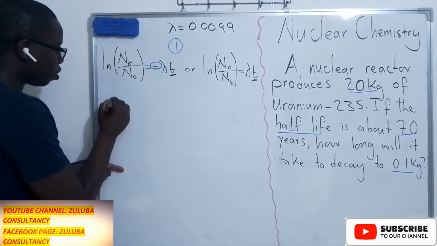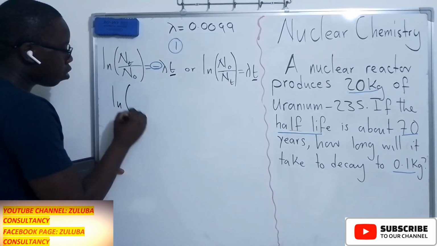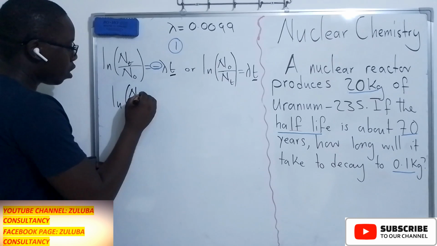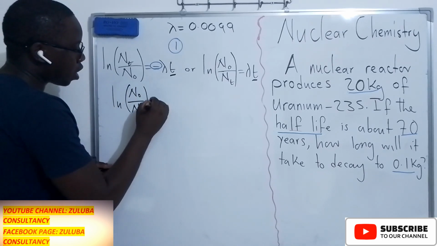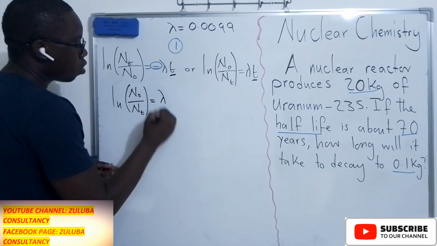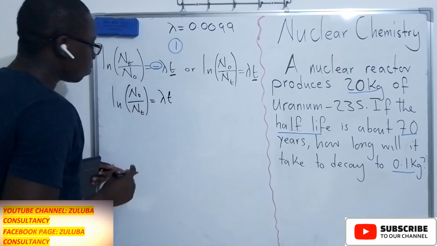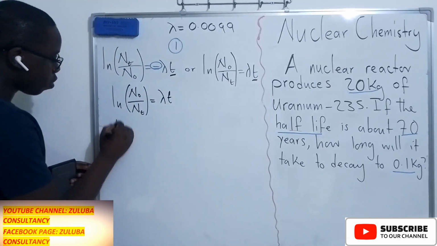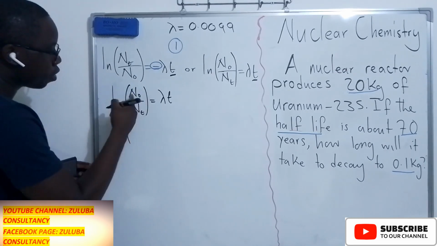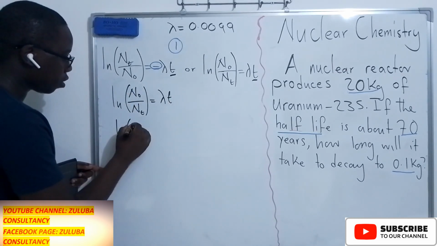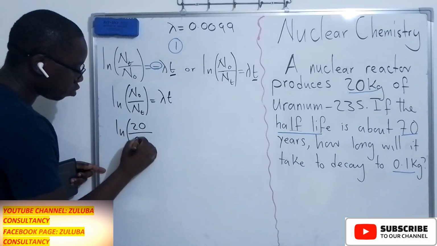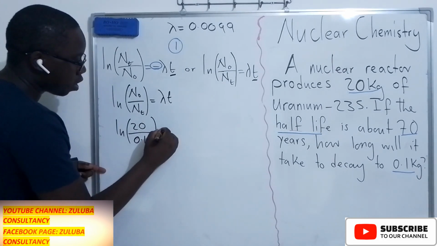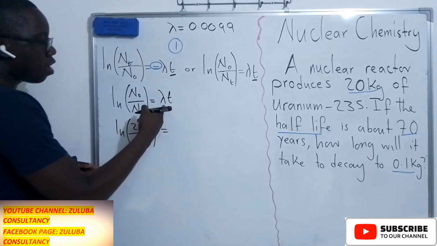So let's use the second equation to say natural log of the initial mass divided by the mass at a given time is equal to the rate constant multiplied by that time. So we have natural log of the initial mass 20 divided by the final mass 0.1, and this is equal to the rate constant.